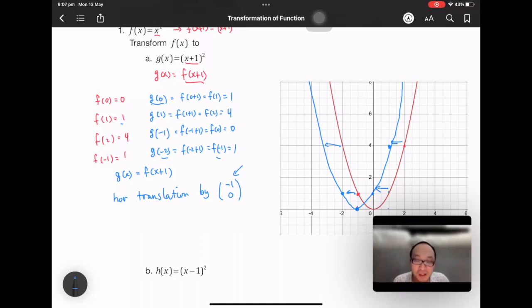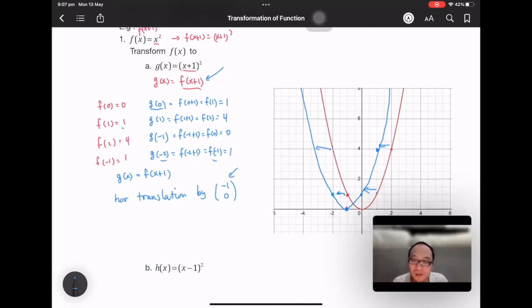But in the function notation, we put positive 1 for the left side and negative 1 for the right side movement. So it's opposite in the function notation, but it is originally in the vector notation. So this one you have to remember: for horizontal, it's always opposite in the function notation.